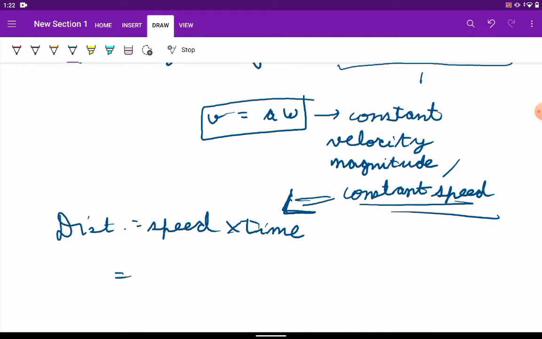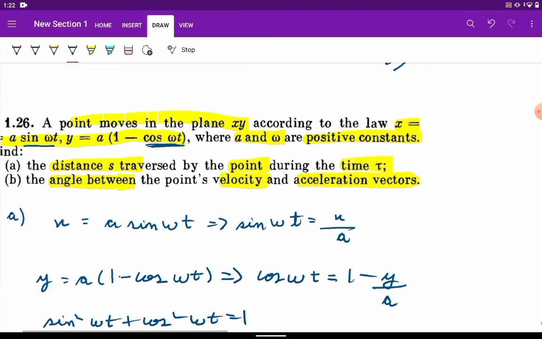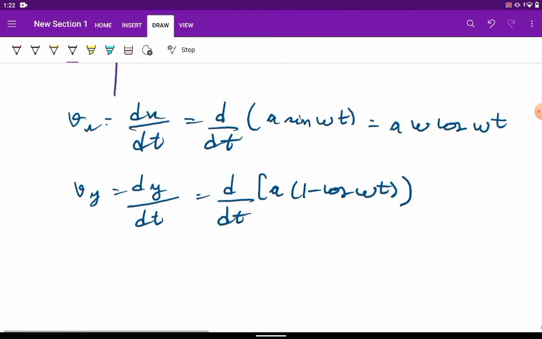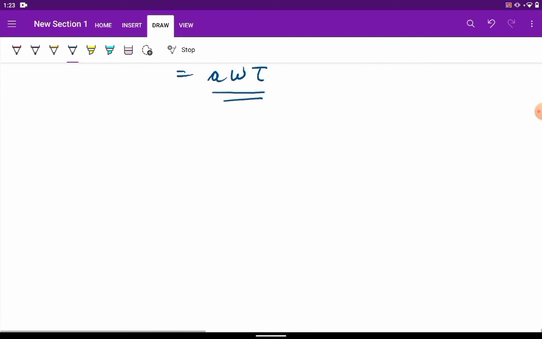So speed is a omega, the velocity magnitude, and the time, as they have stated in the question, is tau. So in this duration tau, it is a omega tau. So this is the distance. Done. First part is done.